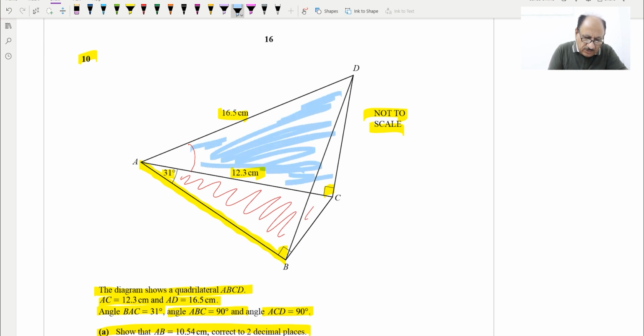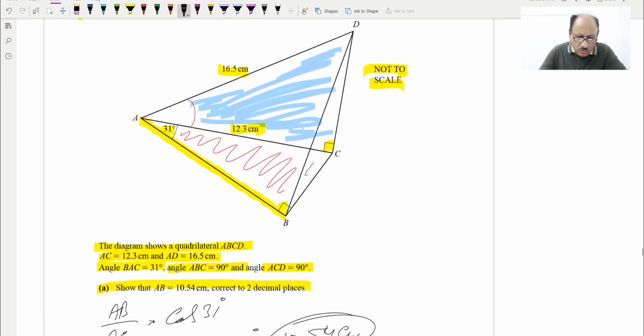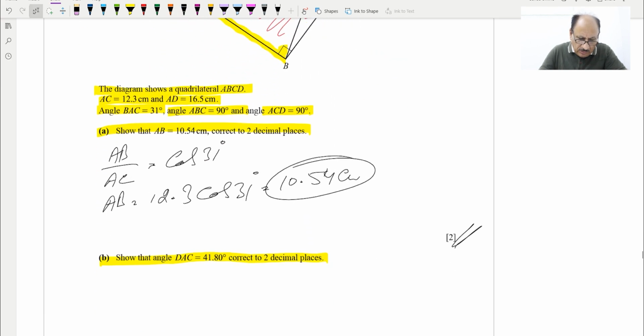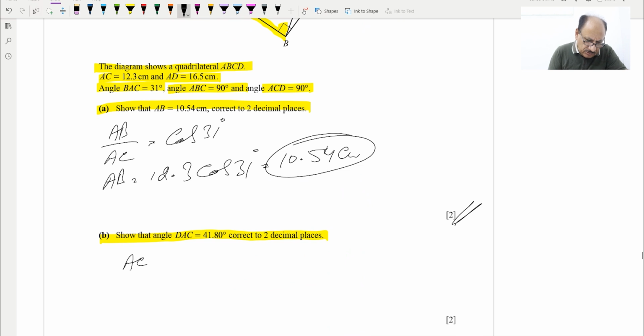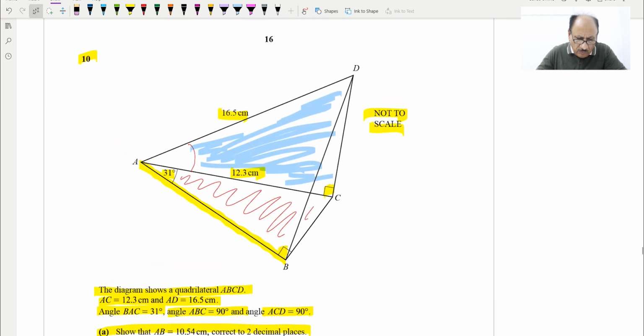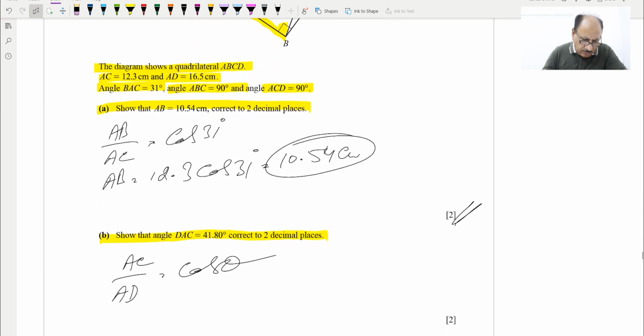If we consider this triangle, adjacent over hypotenuse will be cos theta, so we can take AC over AD. AC over AD is equal to cos theta. AC value is 12.3 and AD is 16.5.